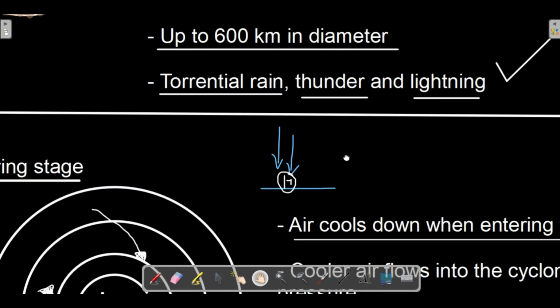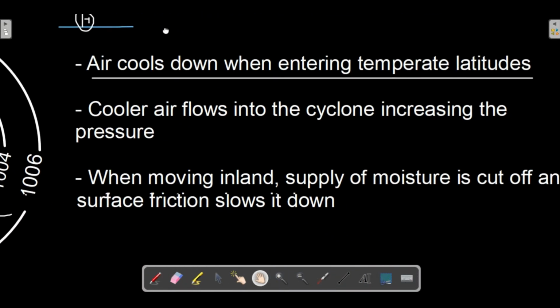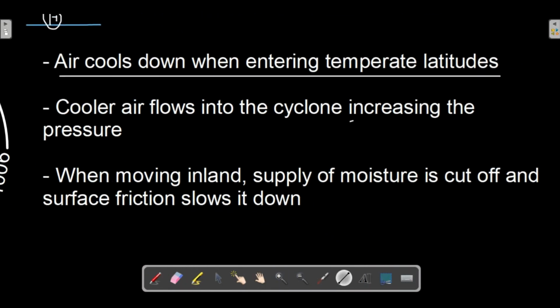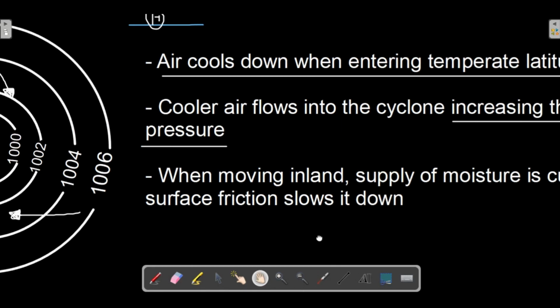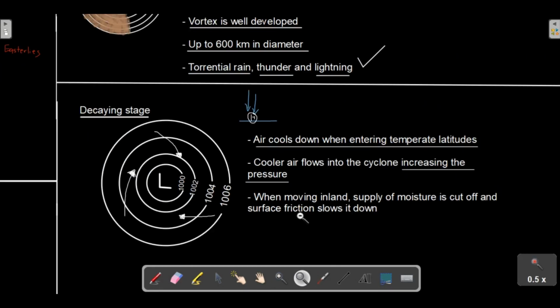But as it reaches colder oceans, the pressure starts to increase. So you have increasing pressure, and this weakens the strength or the intensity of the tropical cyclone.